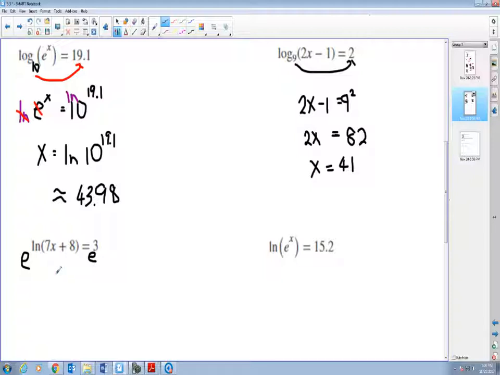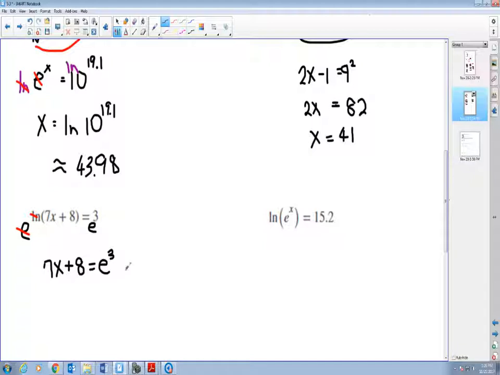Remember, e is a base, so if I'm taking e, that means I'm bumping everything to the exponent, because I know e and natural log will cancel out. So that just leaves me with 7x plus 8 that was in the exponent equal to e to the third power. Remember, e is a base that will bump up my 3 that was there to the exponent.